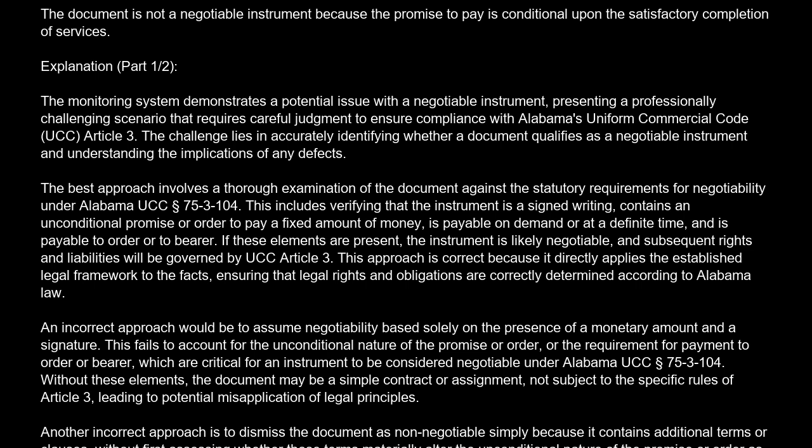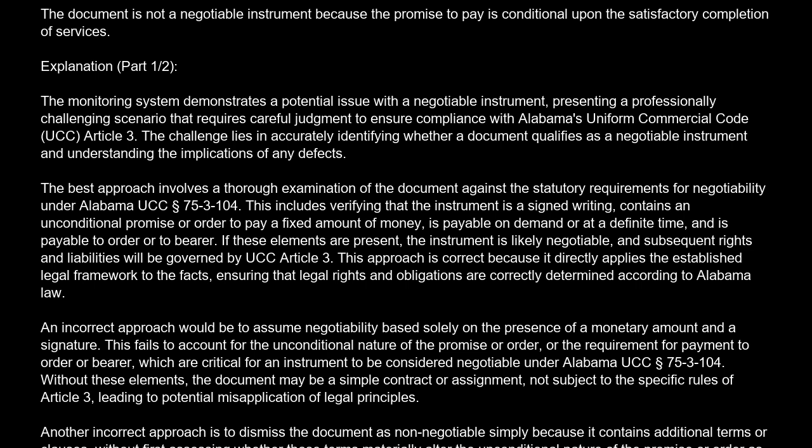This includes verifying that the instrument is a signed writing, contains an unconditional promise or order to pay a fixed amount of money, is payable on demand or at a definite time, and is payable to order or to bearer. If these elements are present, the instrument is likely negotiable, and subsequent rights and liabilities will be governed by UCC Article 3. This approach is correct because it directly applies the established legal framework to the facts, ensuring that legal rights and obligations are correctly determined according to Alabama law.